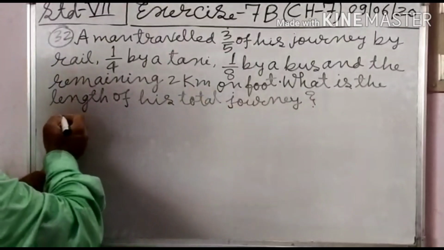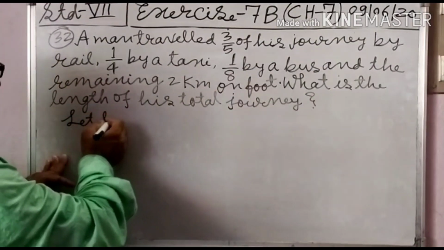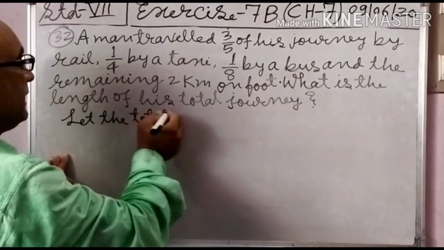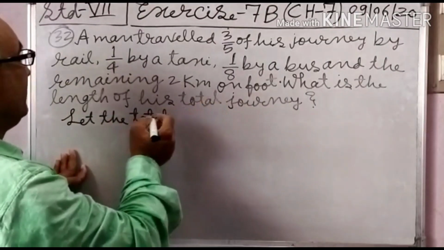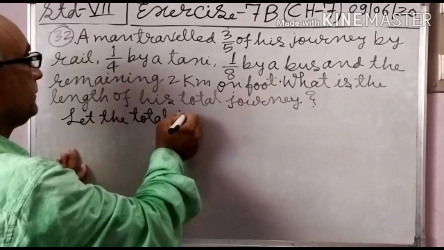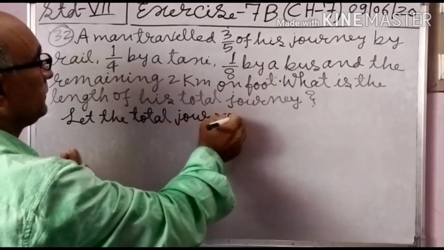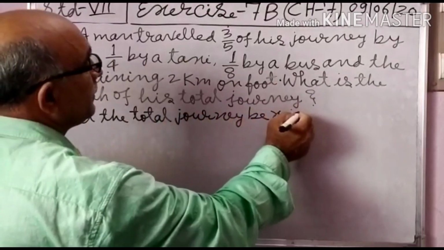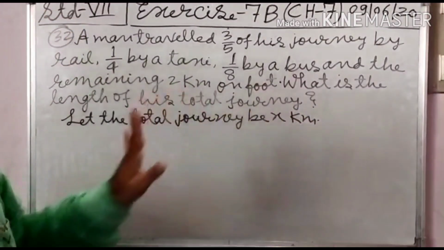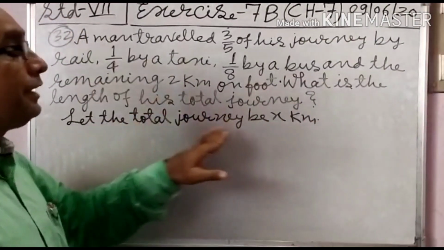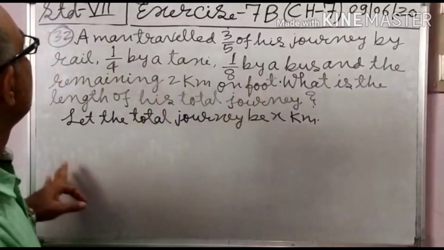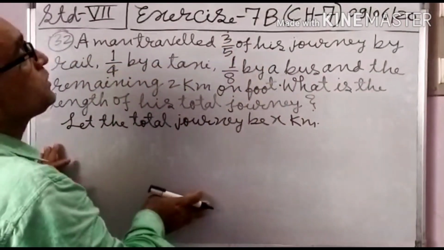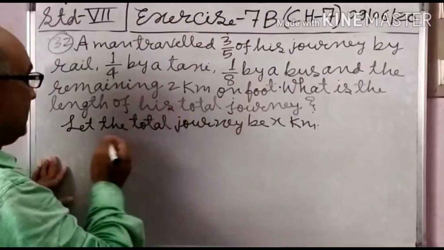So let the total journey be x kilometer. Let the total length of journey be x kilometer. By rail 3/5 of his total journey.